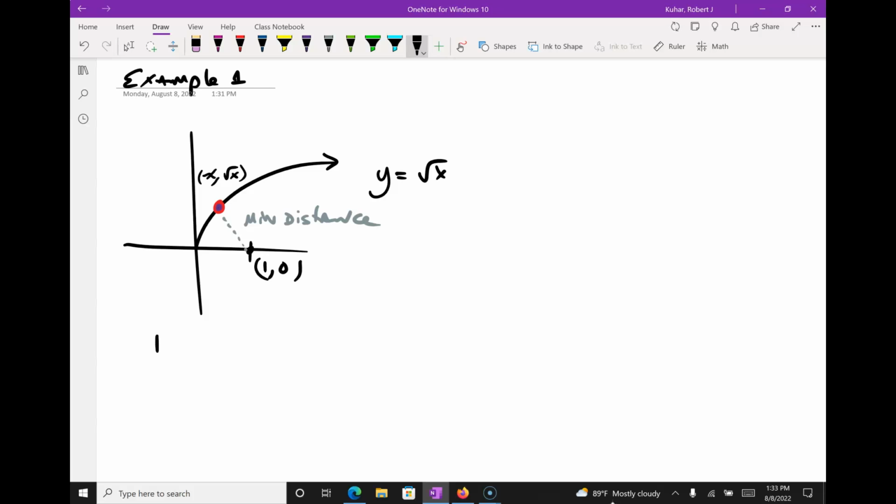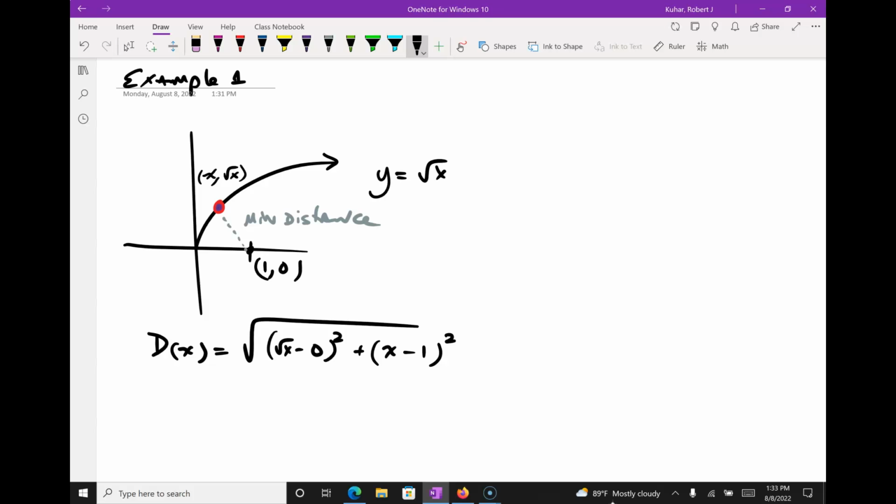Okay, here comes my d of x now. D of x is my min distance, right? So I need the square root of y2 minus y1 quantity squared plus x2 minus x1 quantity squared. And there it is.